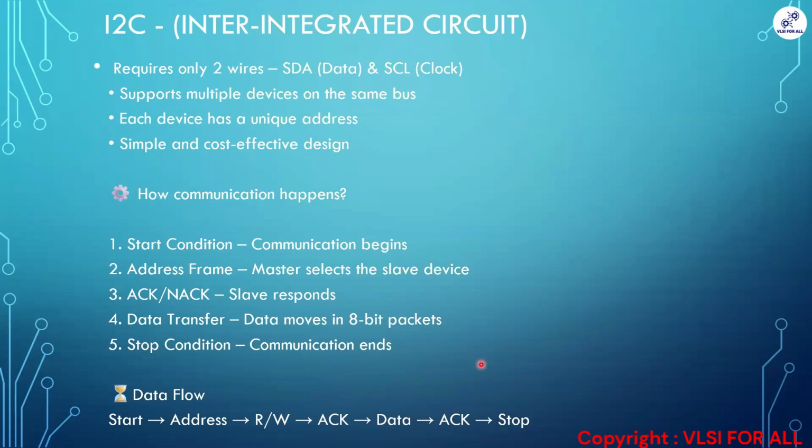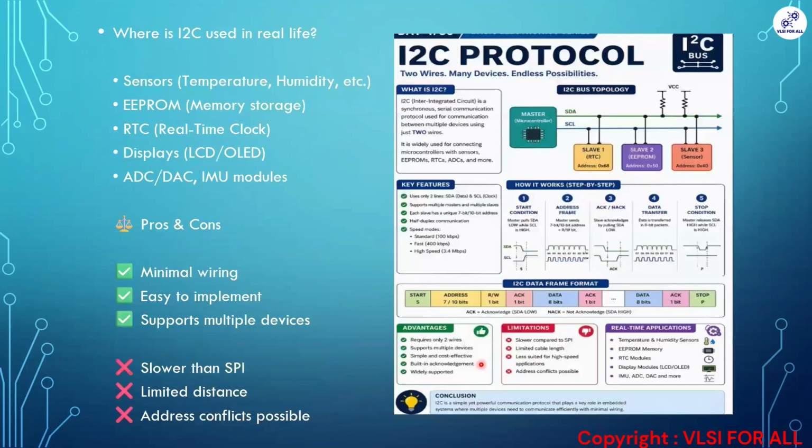They will ask whether in I2C it is full duplex or half duplex. We can say it is half duplex communication. And in I2C, mainly they'll ask what is the start condition, what is the data frame of I2C, and what is the stop condition. That part they'll ask in I2C.